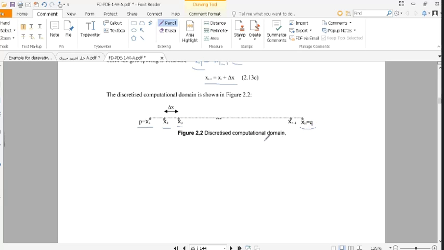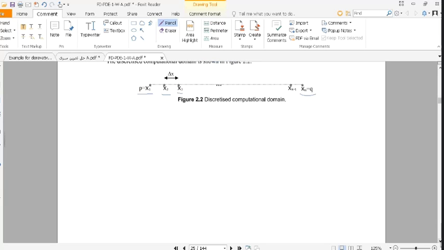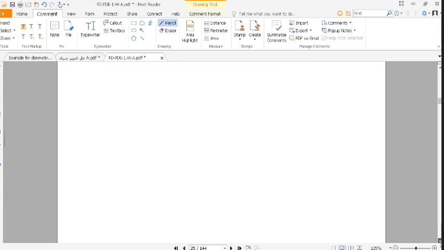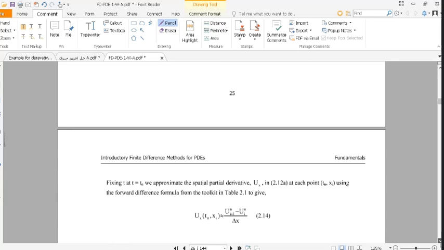This is the discretized computational domain. It is familiar for you because I solved a problem by discretization of x and also of t.